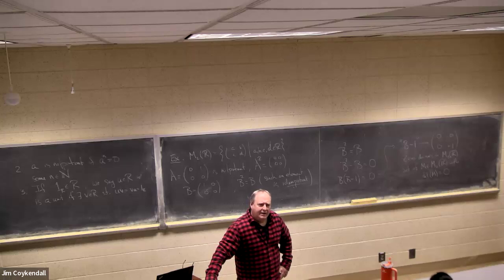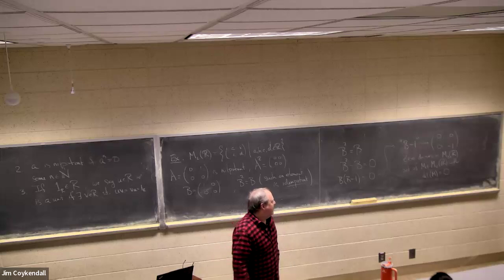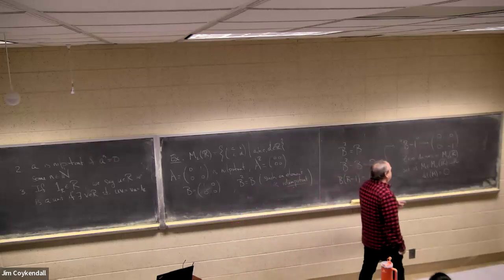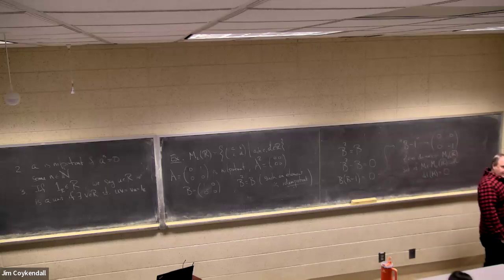How do I know that? If you think back to linear algebra, what does it mean to have determinant equal to 0? It means it's a singular matrix, right?